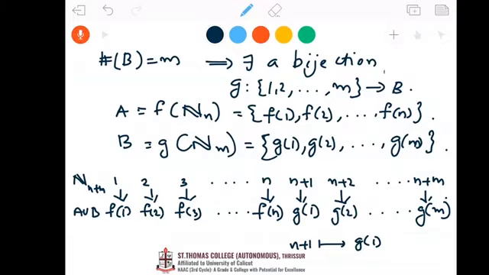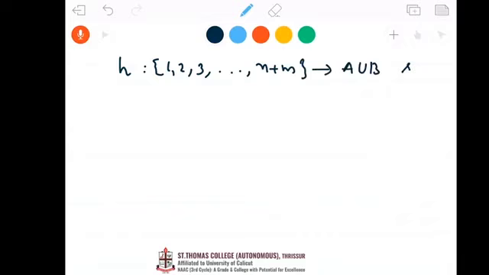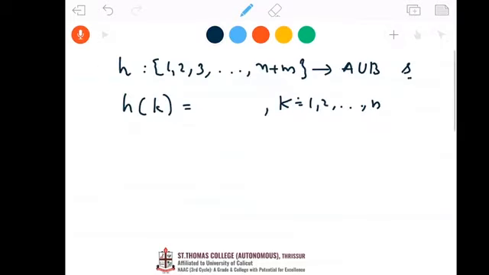Now how can we define this function? I will call this function h. So h is a function from 1, 2, 3, etc. n plus m to A union B, such that h of k, if k is equal to 1, 2, etc. up to n, what is h of k? h of 1 is f of 1, h of 2 is f of 2, h of 3 is f of 3, etc., h of n is f of n. So h of k is f of k.